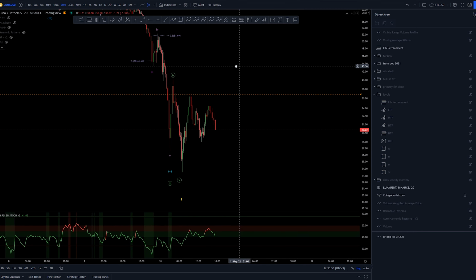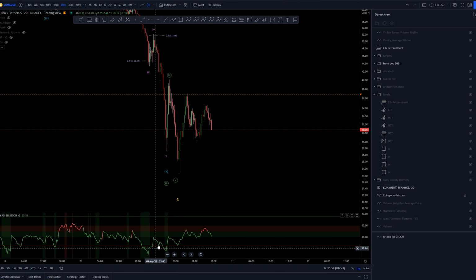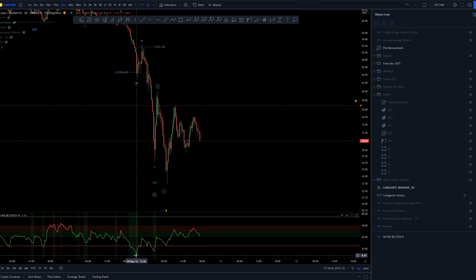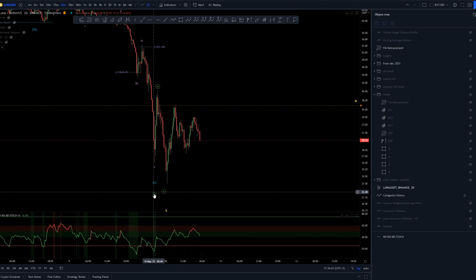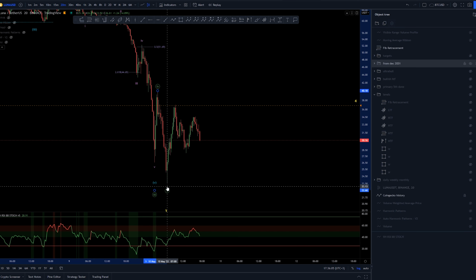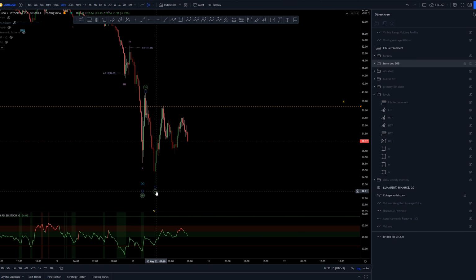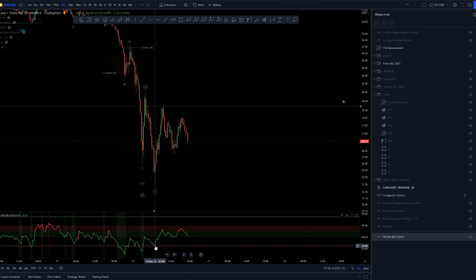Now we do get nice bullish divergences here between the 3rd and the 5th for the sub-minuet, and the 3rd and the 5th of minute here.